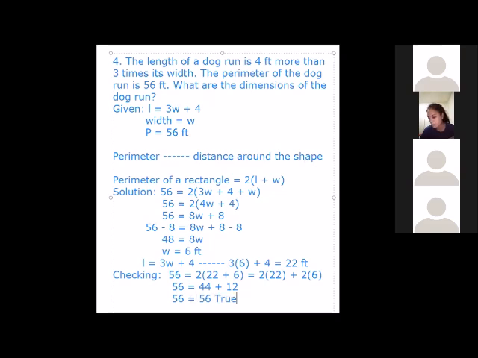Okay, good job, everyone. So that's it. We multiply a polynomial and a monomial using the distributive property. When we say distributive property, we distribute each number outside the parentheses to each term inside the parentheses, and then we combine like terms.